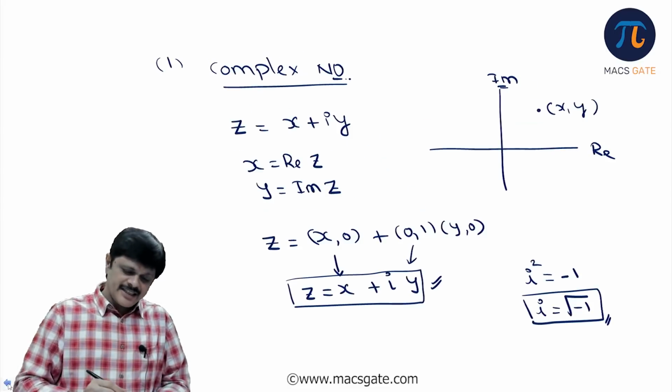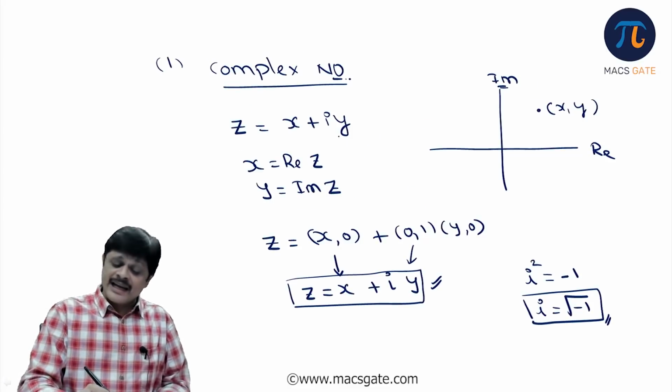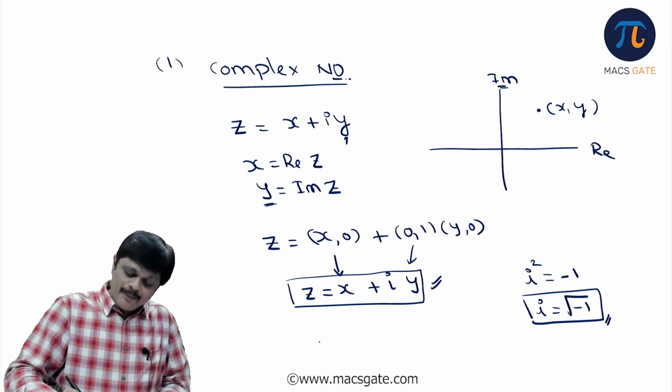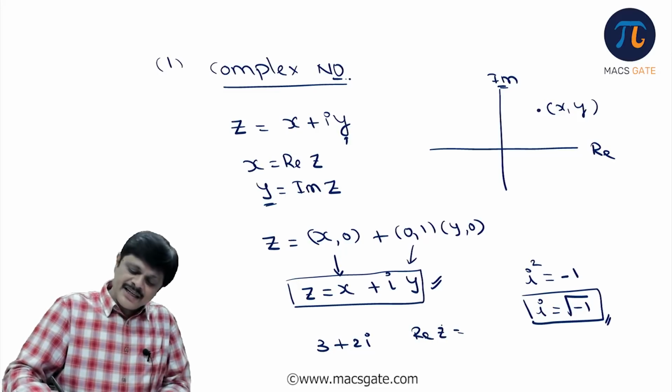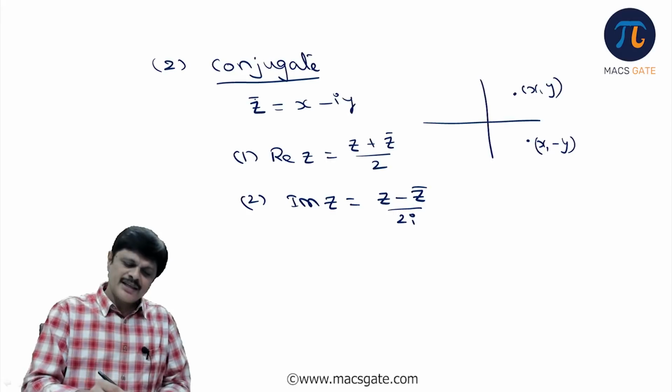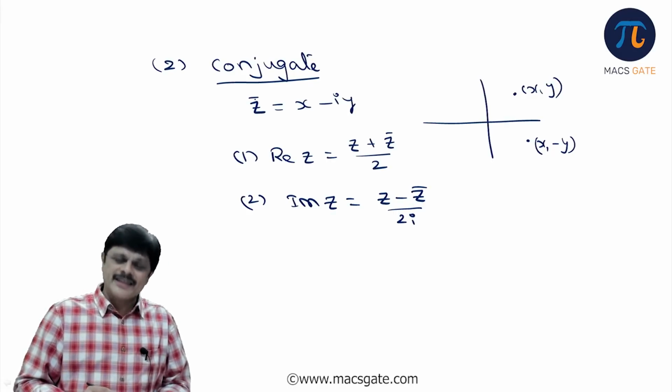Some people feel imaginary part means iy. iy is not the imaginary part. It is y only, this real number. For example, if I write 3 plus 2i, the real part of this z, suppose you call it z, is 3. The imaginary part of z is 2, not 2i. Remember that. So that is the conjugate of a complex number.